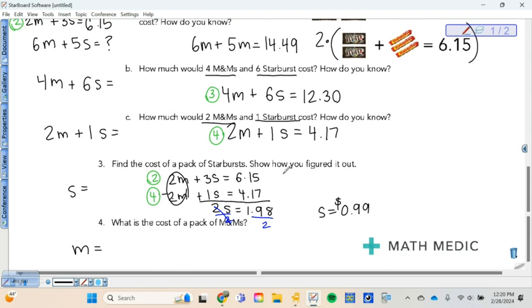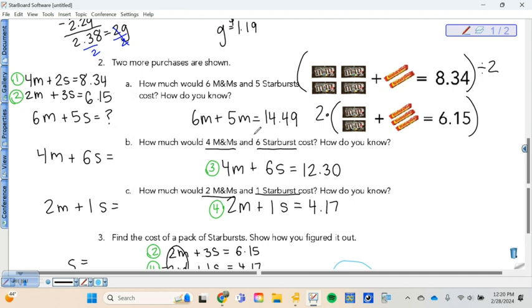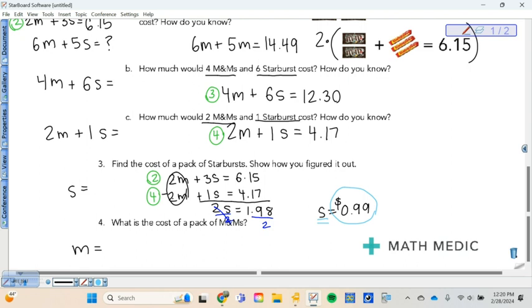Okay, and now we're going to take this 99 cents and plug it in. And where do I plug it in for? For the S. I could use any one of those four equations I have. One of them I think is easier than the others. That last one, let's use that. 2M plus S equals 417. And I'm going to plug in the 99 cents for S. So I have 2M plus 99 cents equals 417.